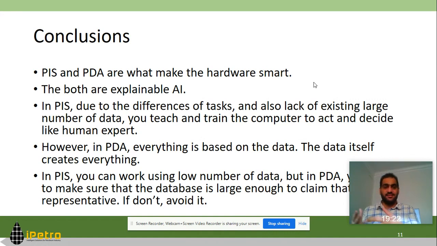The data should be corrected. For example, if you are using a well log database, an expert must correct the values of the logs before inputting them to the PDA, because everything is based on the data. The data should be correct and reliable.